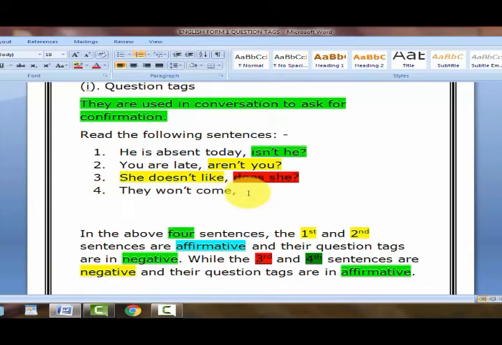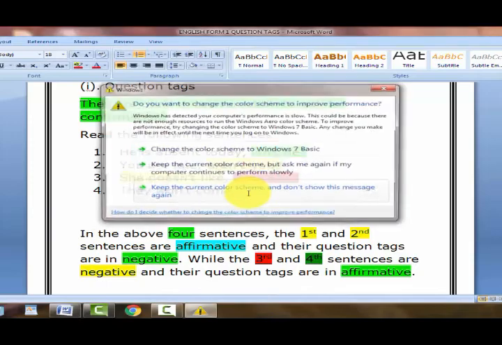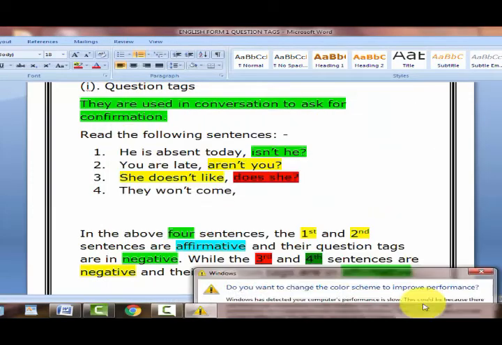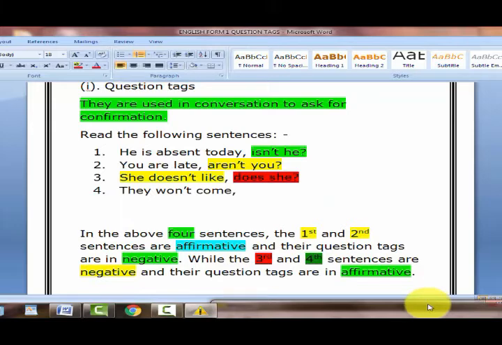If you want to change it to the affirmative form, you say they will come. So here, for they won't come, we just say will they? And we put our question mark. That's all.